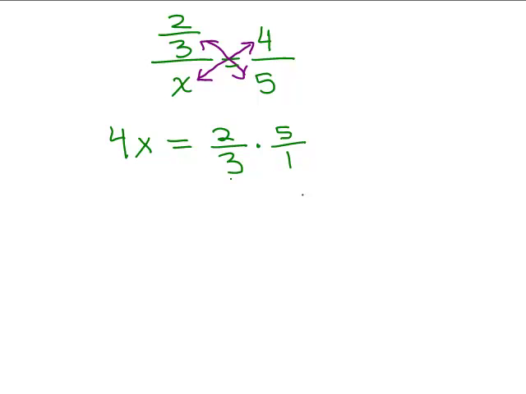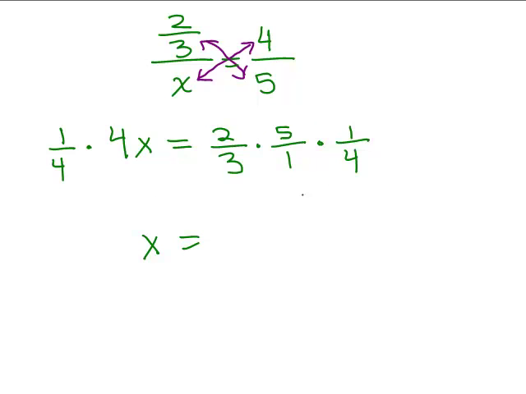So you can simplify this if you want, okay? Or at this point, what I would suggest is, if we have 4 times x, you multiply by its reciprocal, so we'll just know what x equals. So at the same time, I'm going to multiply both sides by 1/4. First, we just cross multiplied, but I didn't simplify, and now I get x equals all this stuff over here that gets multiplied.